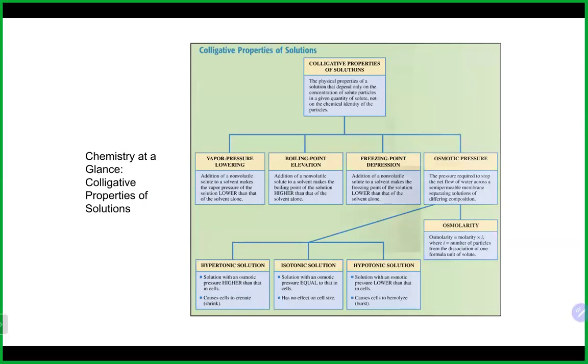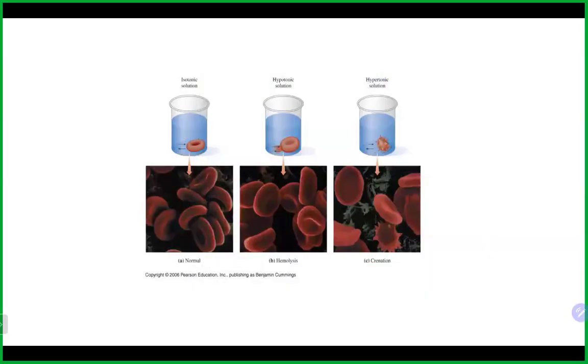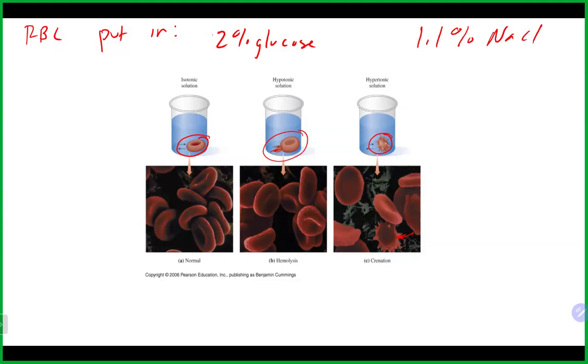All right, so why don't we do a few here? Let's say we had a red blood cell and we put it in the following solutions: 2% glucose, 1.1% sodium chloride, 0.9% sodium chloride, 10% glucose, and water.